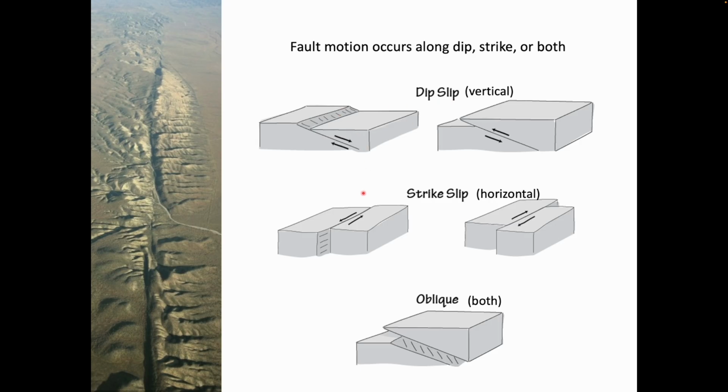Lateral motion along a vertical fault plane is called strike slip, thus the name strike slip fault, because your motion is occurring along the strike, the orientation of your fault. When you have both of these at the same time, you get oblique slip, so your fault plane is moving diagonally. The hanging wall moves diagonally relative to the footwall. Most major faults have some oblique component to them.